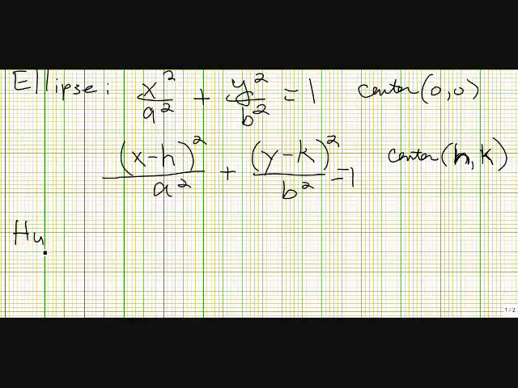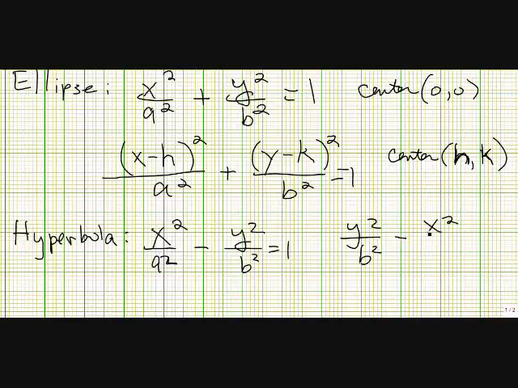So the hyperbola, we had different equations for the different orientations. We have x squared over a squared minus y squared over b squared equals 1 for the ones that are oriented horizontally, or we have y squared over b squared minus x squared over a squared equals 1.